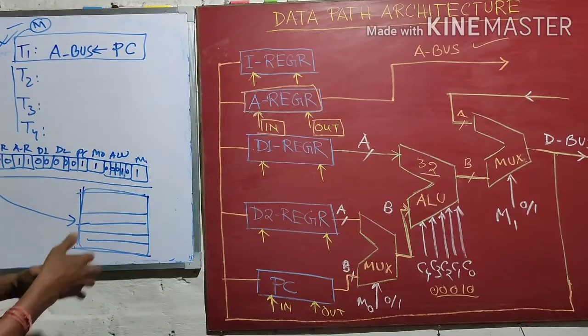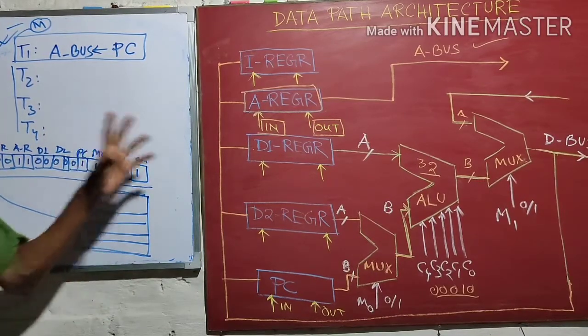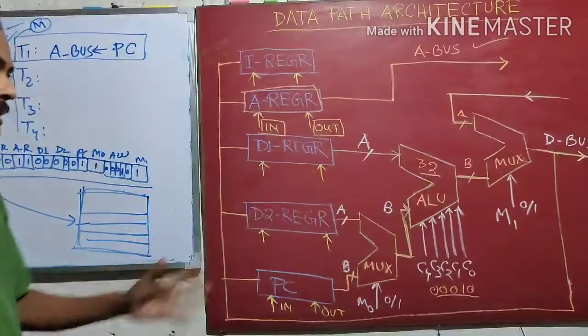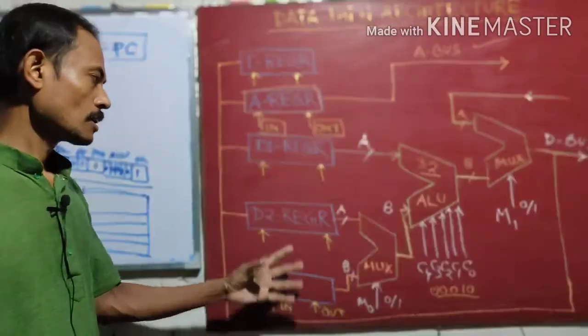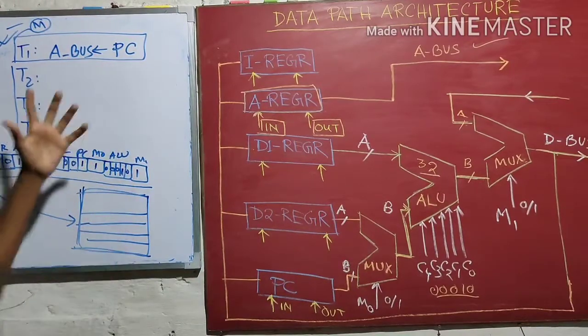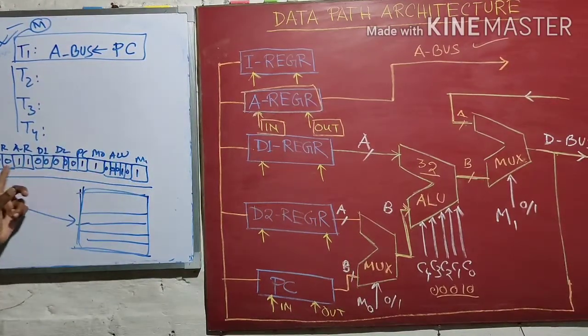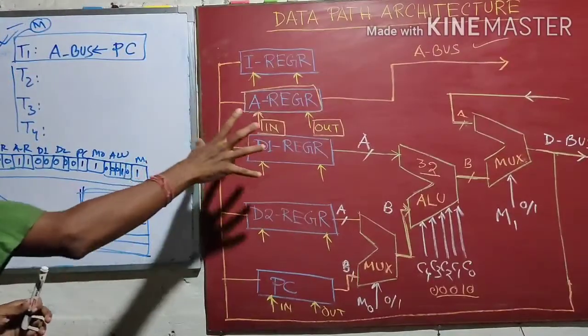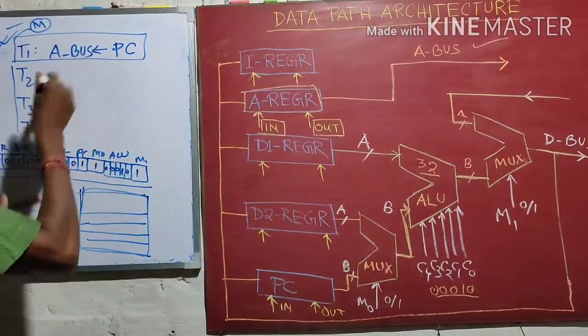So to generate these control signals, this data path is required. Why? Because for executing any particular state, the controller will produce all these control signals, and then the proper circuit will be on to perform this RTL.